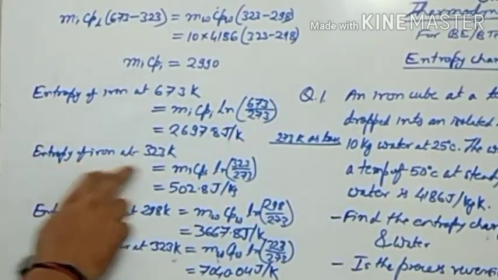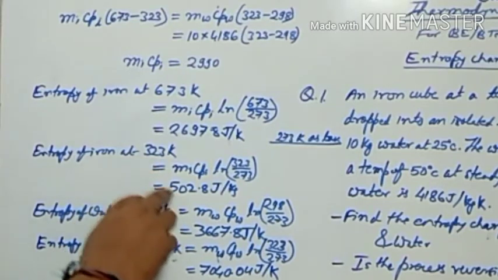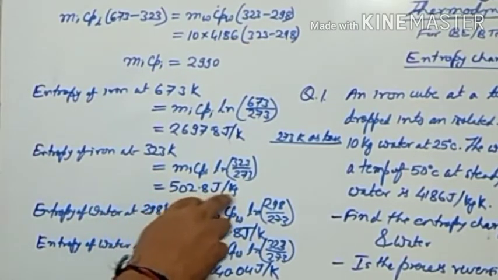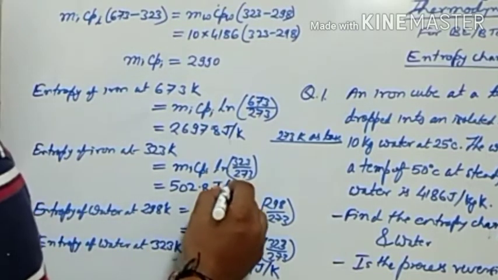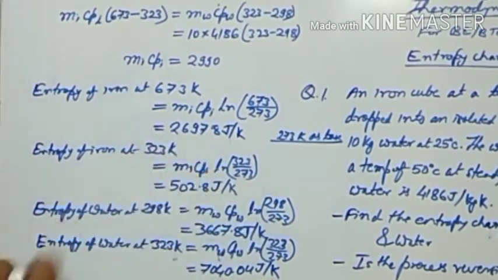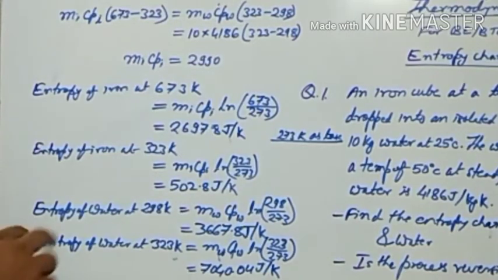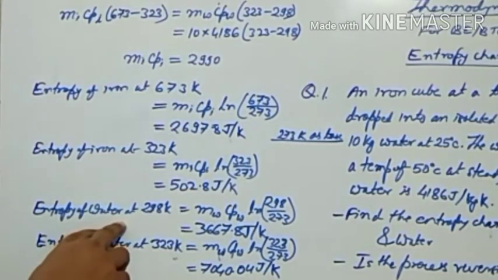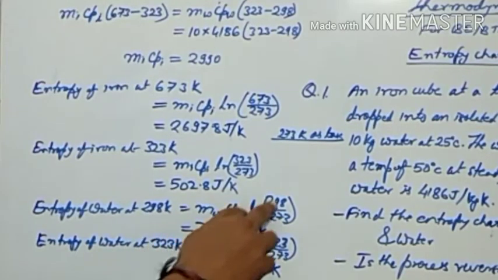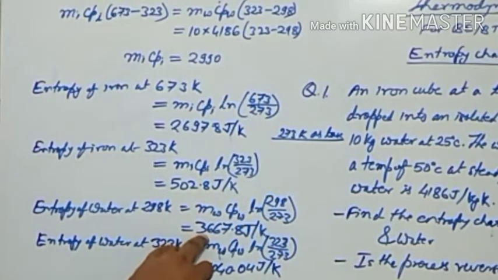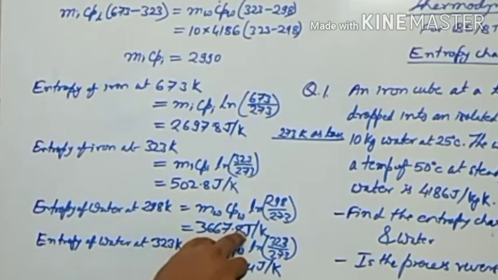So the entropy of iron at 323 Kelvin is 502.8 joules per Kelvin. Similarly, we'll find the entropy of water at 298 Kelvin, Mw Cpw log of 298 upon 273, which comes out to be 3667.8.